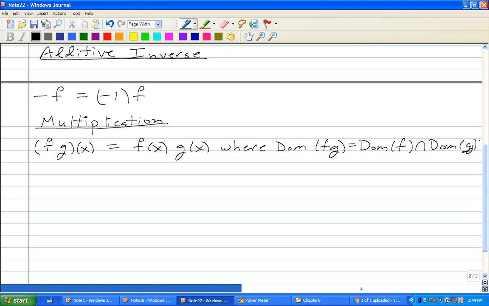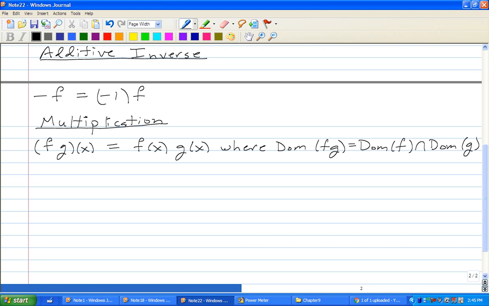So in order for f times g to be defined, f has to be defined for that particular value of x, and g has to be defined for that particular value of x.